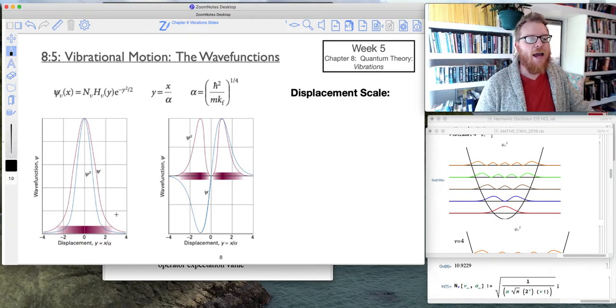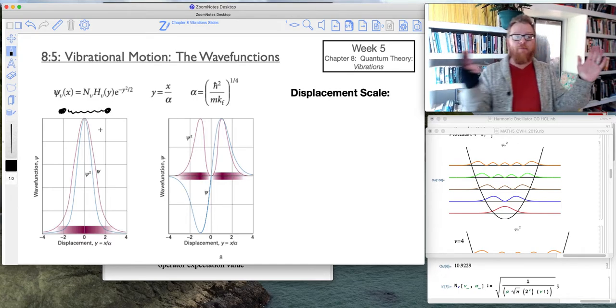All right. And also, if you notice, when this displacement scale is unitless, so when it's set up as x divided by alpha, we get these really easy whole number integers we can see on the scale, like 2, 4, etc. Okay. And also, I'll just remind you, this model describes particles on a spring oscillating back and forth.